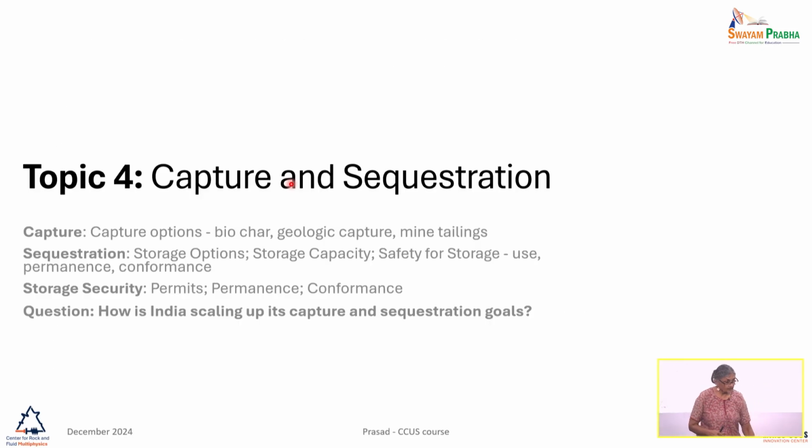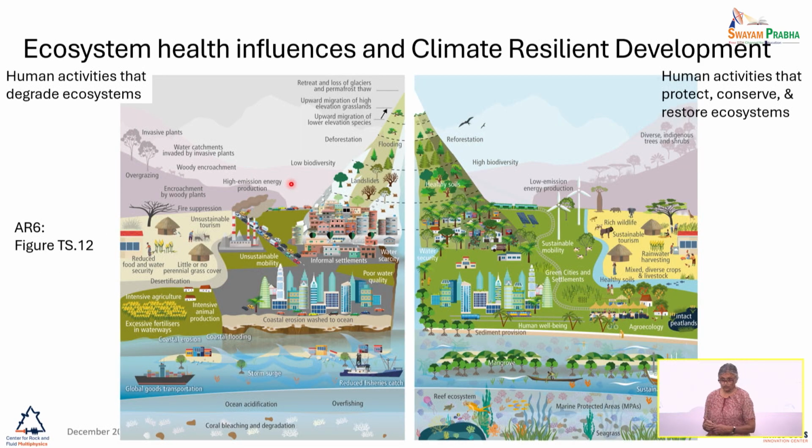So let's start with capture and sequestration part on what ecosystems exist. This is a very messy slide, but it tries to combine everything that we can do and the consequences if we don't do that. So we have out here reforestation.